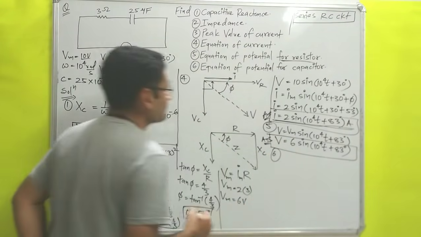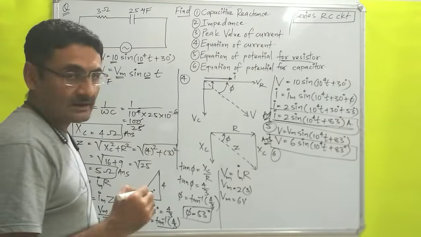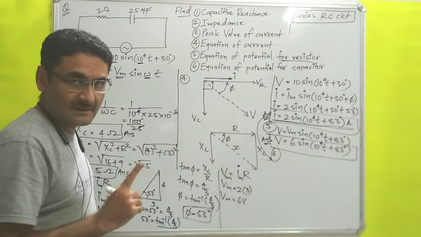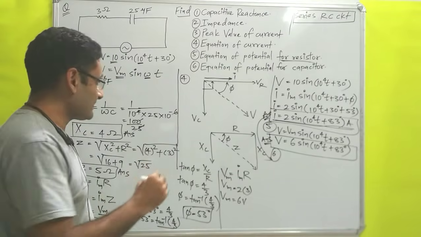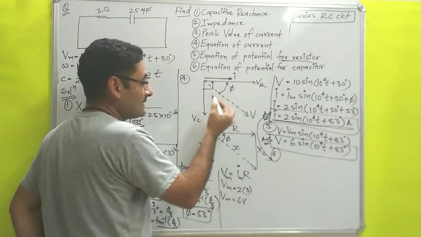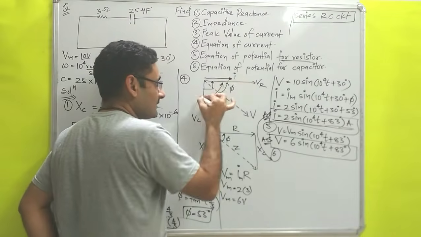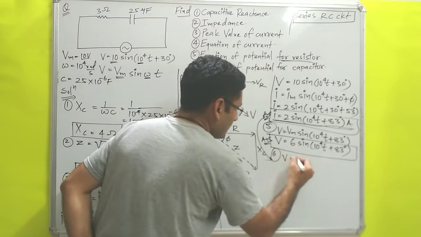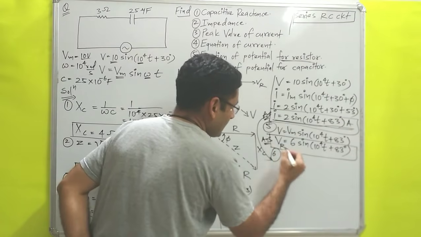Now we'll move on with the next, equation for potential for capacitor. So current equation is this, and in the case of capacitor, what do we know? Pure capacitor, what do we know? Current leads the potential by 90 degree. So if current equation is that, the potential equation, that is for resistor, that is for capacitor.